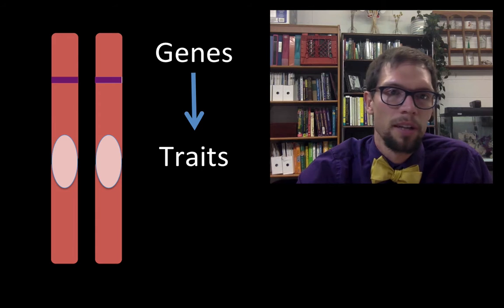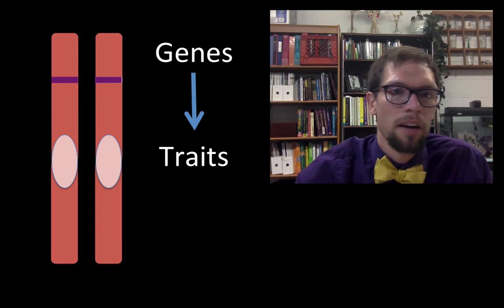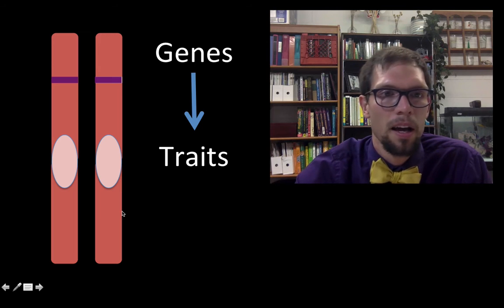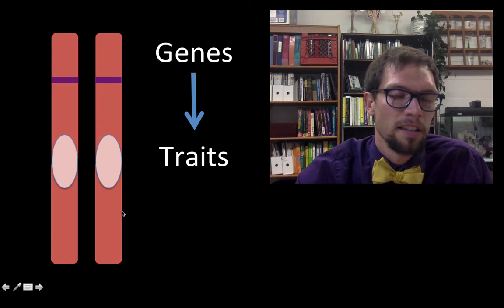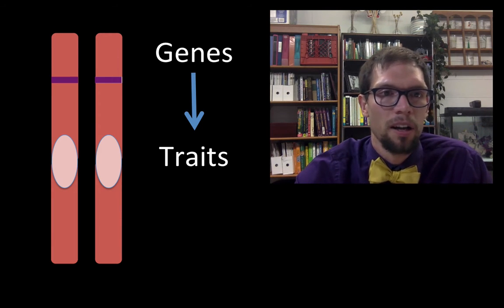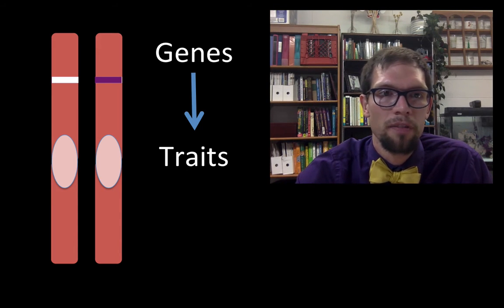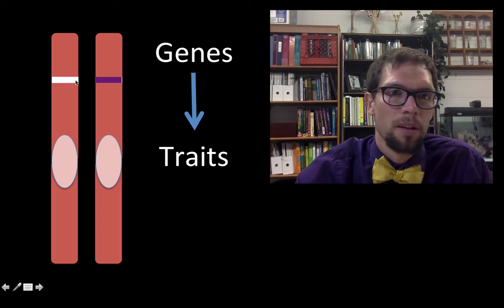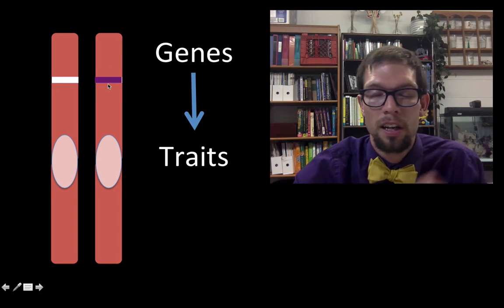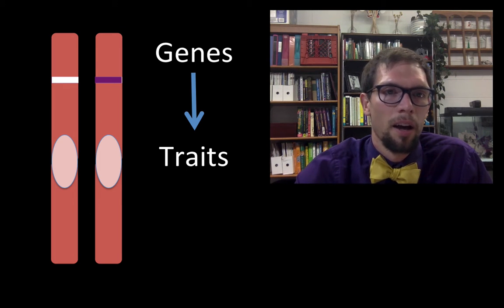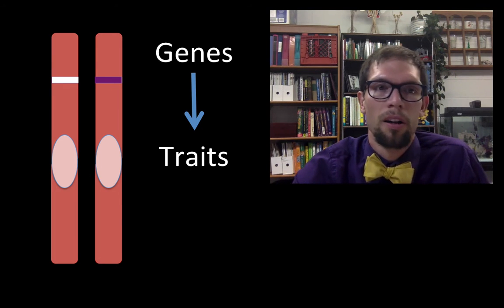Now these genes can have different variations. Here we can see two homologous chromosomes that carry the same type of gene. Here they have two different versions of that gene, the white version and the purple version. These are what we call alleles.